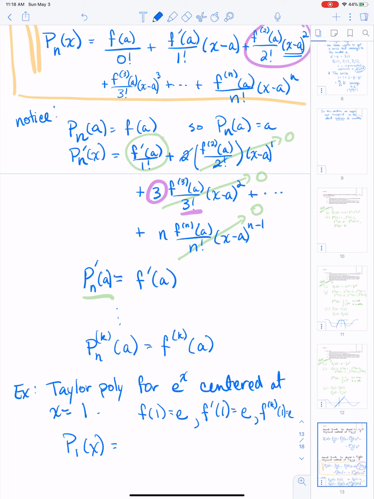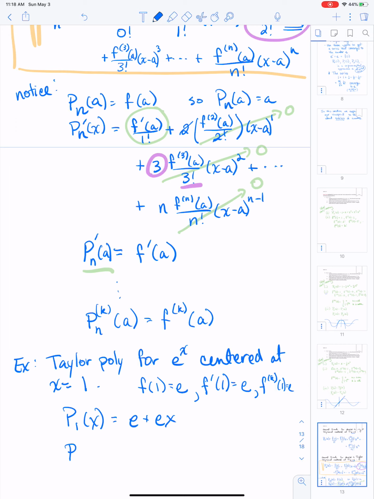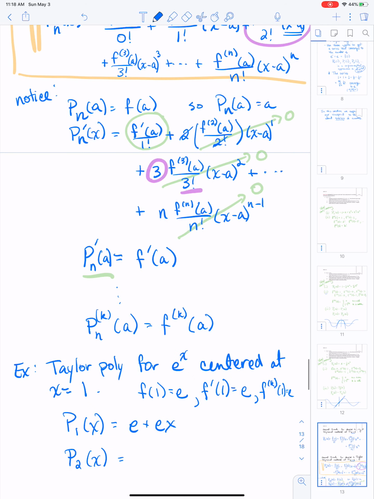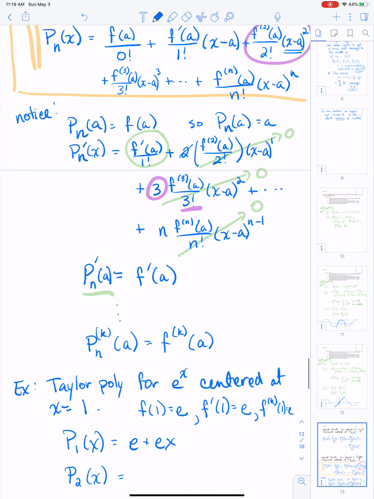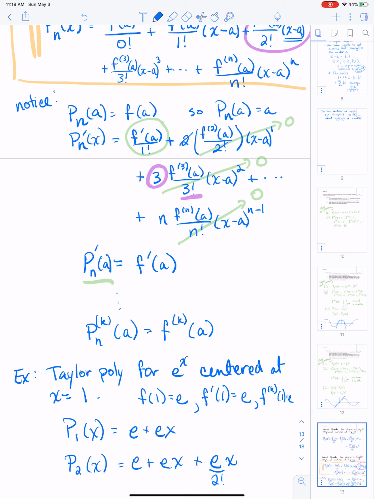So P1 of x is just e plus e times x minus 1. Let's be careful here.